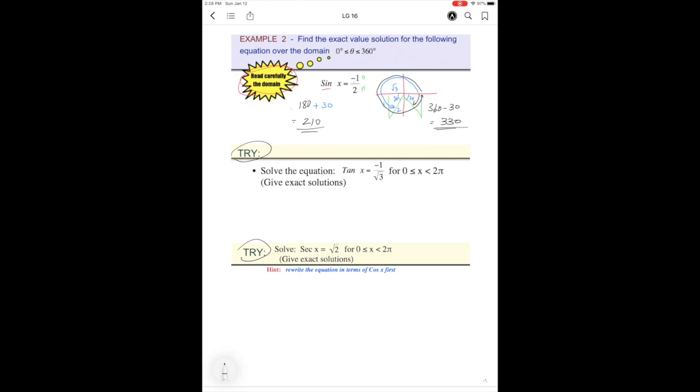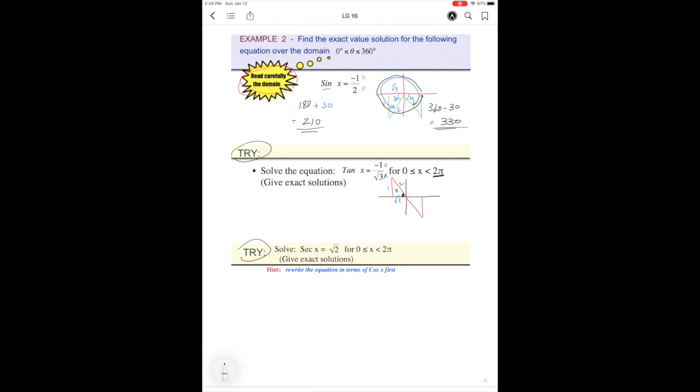All right, so let's draw. So we have a tan. That's negative. That quadrant, that quadrant. Now we label O over A. And we get the reference angle. That is, we're in radians.